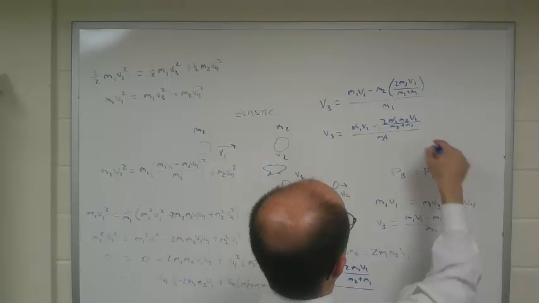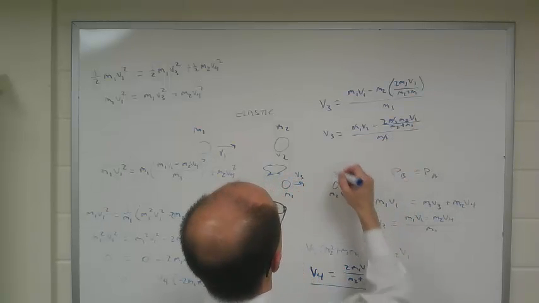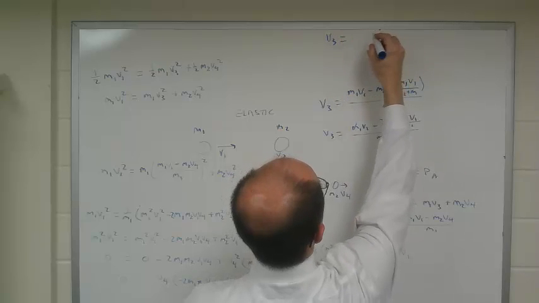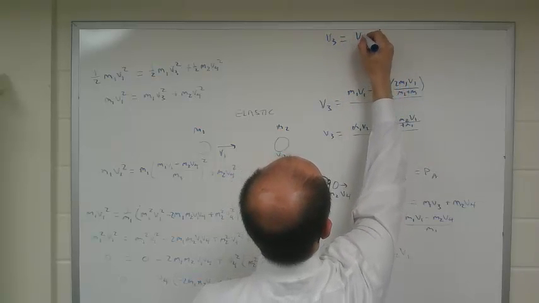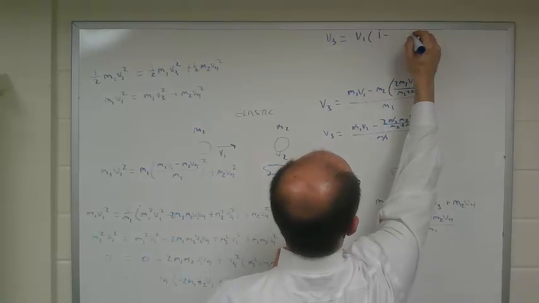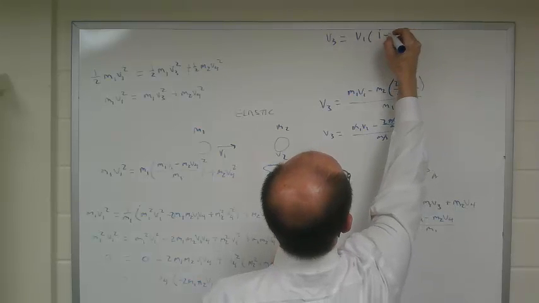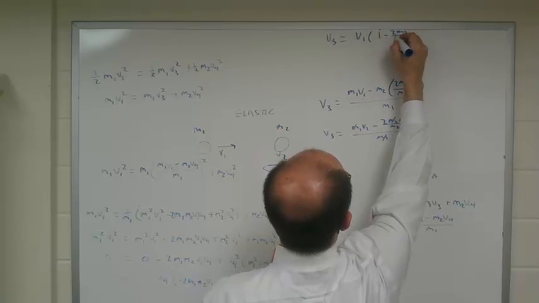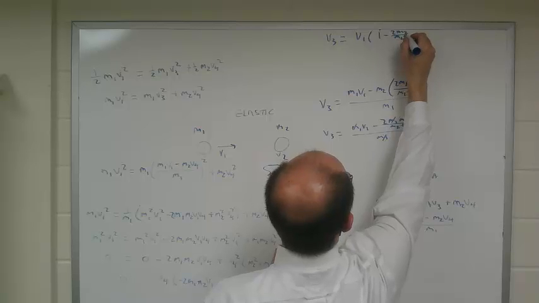It looks like we can factor out this M1 because every term's carrying an M1. We can factor out the V1, so V3 is equal to V1 times 1 minus 2 M2 divided by M2 plus M1.